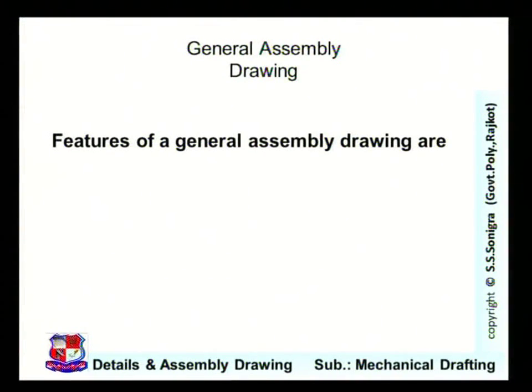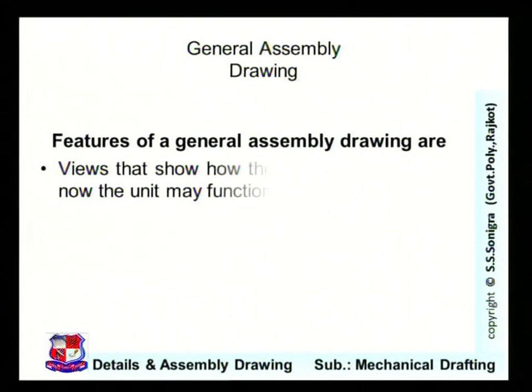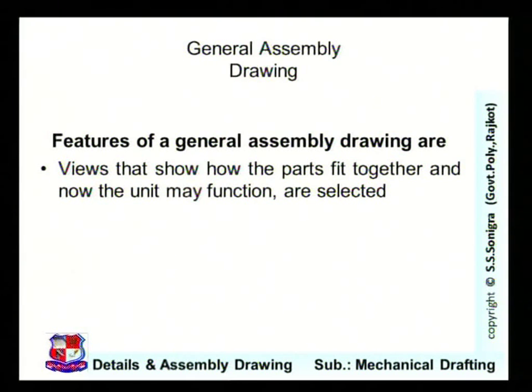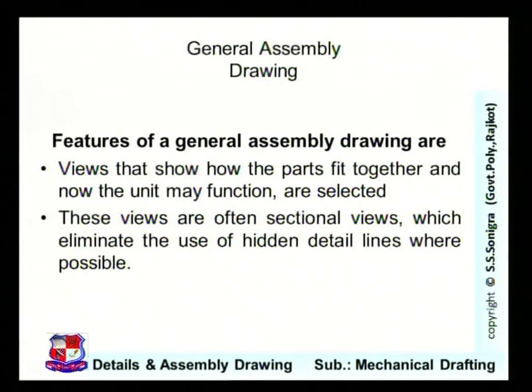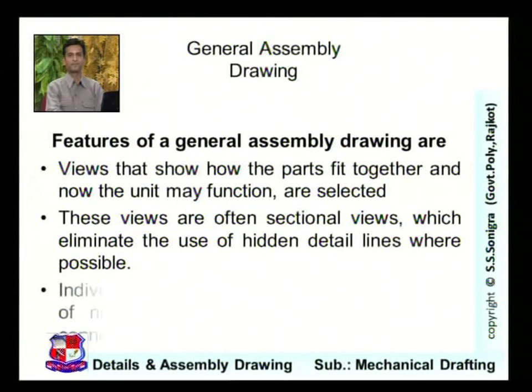Now in general assembly, some features are there. The features of general assembly drawings are views that show how the parts fit together and how the unit may function. These views are often sectional views, which eliminate the use of hidden detail lines where possible.